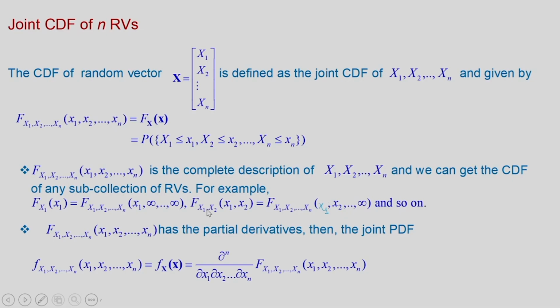Similarly, to find the joint CDF of X1, X2 at point (x1, x2), it is the n-dimensional CDF at point x1, x2 with the rest of the points at infinity. In this way, we can find the joint CDF of any order.